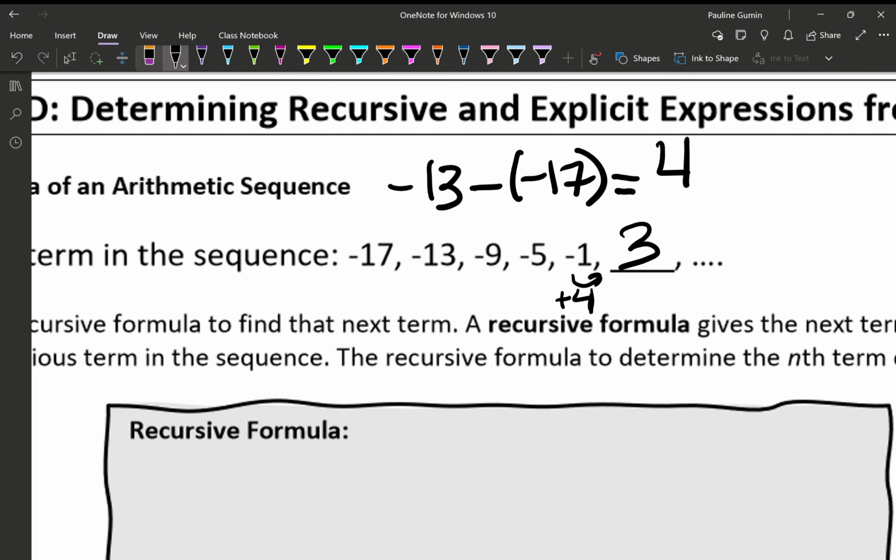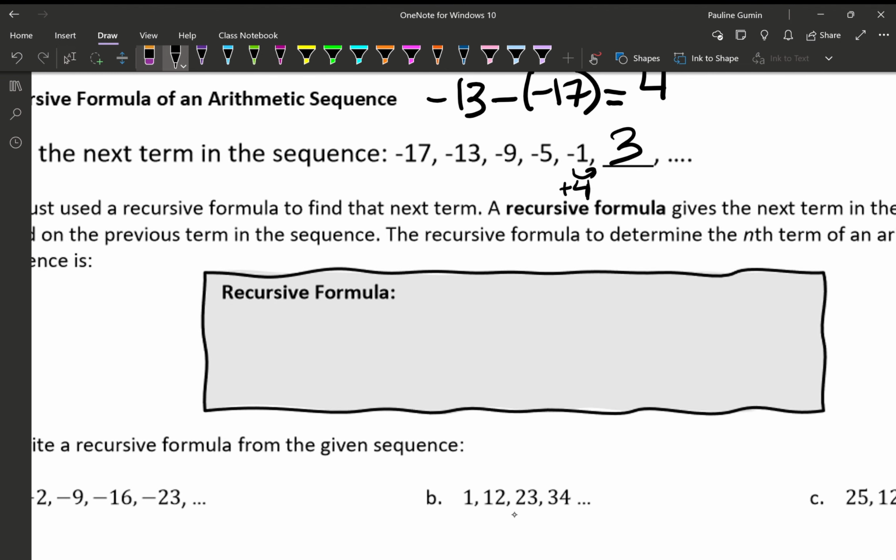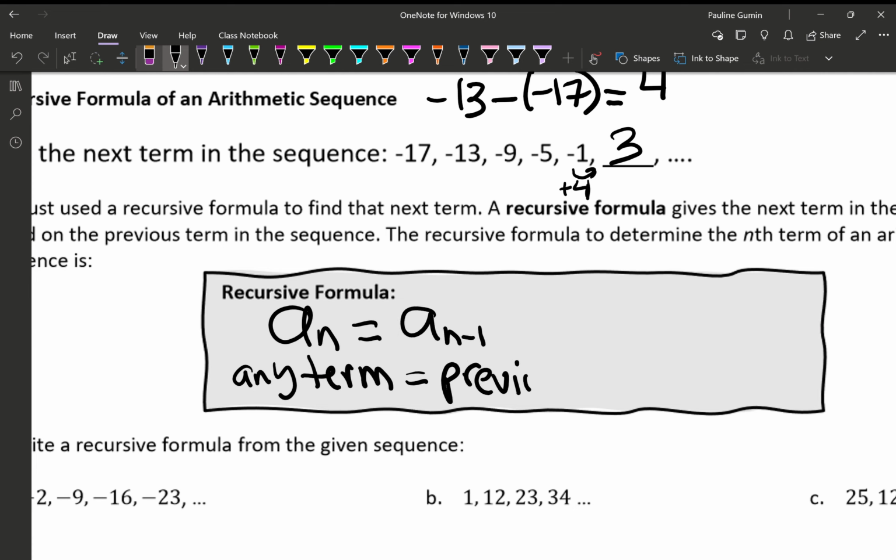Now, what I'd like us to do is to create a recursive formula. Technically, what you were doing with that subtracting is the recursive formula. Let's write it down. This is the recursive formula: a_n, which is any term, equals a_(n-1), the previous term, plus d, the common difference.